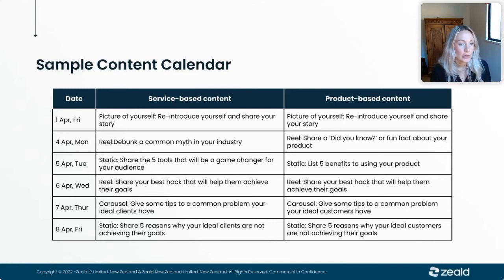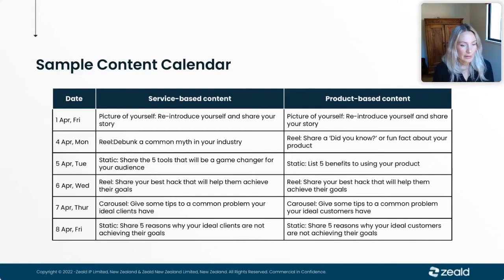Now, if you're a product-based company, you could be sharing 5 benefits that somebody can get from using your products. It's always good to start off videos with what we call a hook. So that could, for example, be, did you know? And then you share something that you find a valuable tip for your audience, or 5 reasons you should be, and then something else that you want to share.